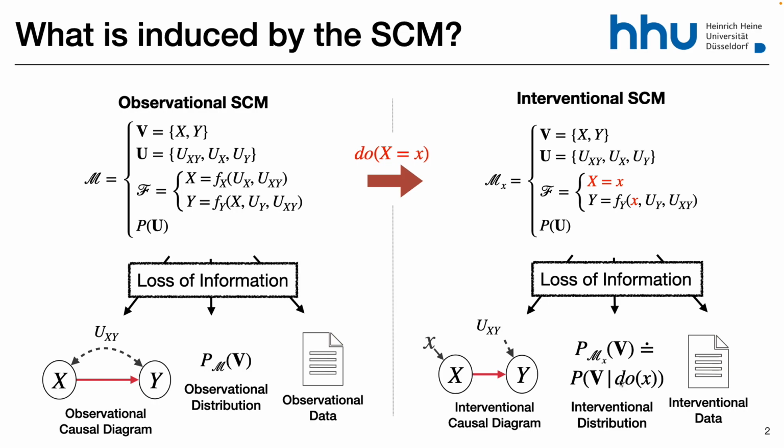And the diagram that corresponds to this also is going to have a difference in the functions that determine the variable x, because x doesn't take now the values of Ux and Uxy in this case. So no edge that was into x is going to appear in this interventional causal diagram. So we have a difference in these two roads.